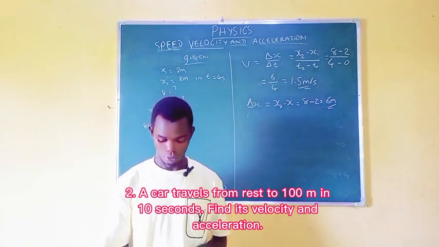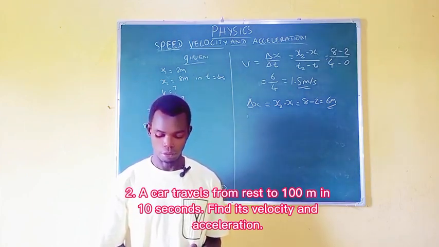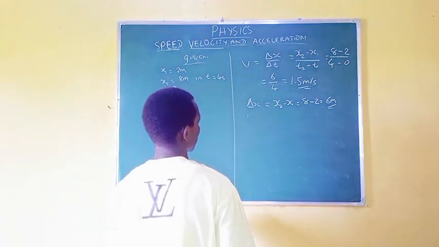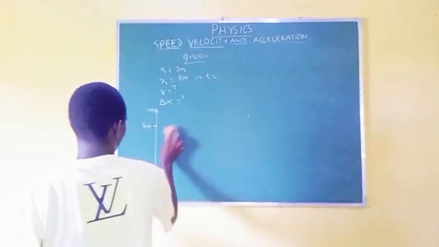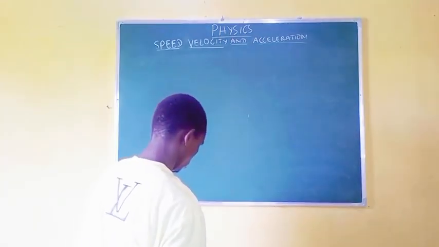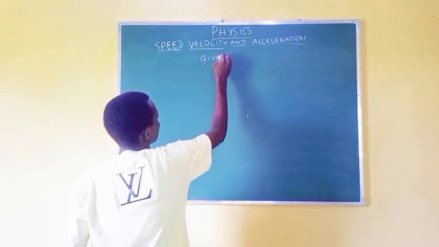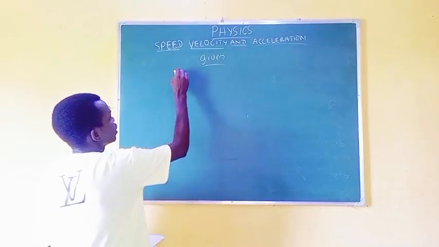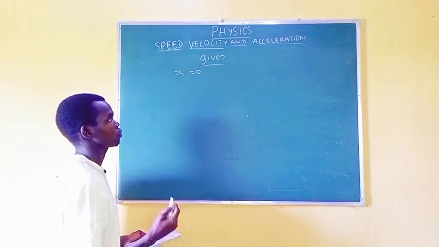Let's go to question 2. The car travels from rest to 100 meters in 10 seconds. Find its velocity and acceleration. From the given parameters, we know that a car starts from rest, so initial displacement is equal to 0 since it started from rest.